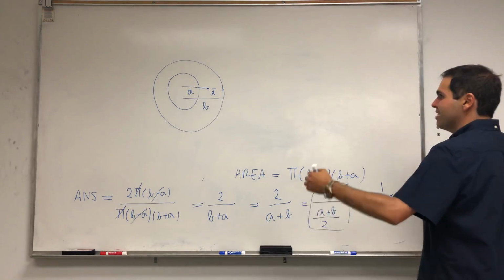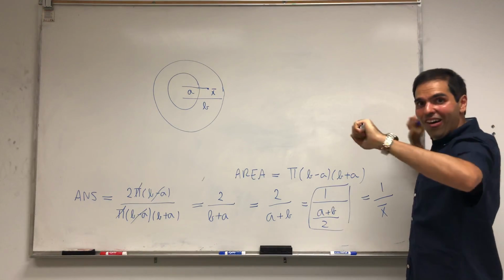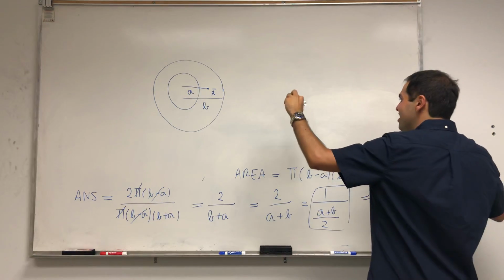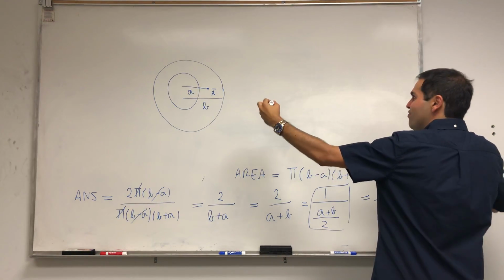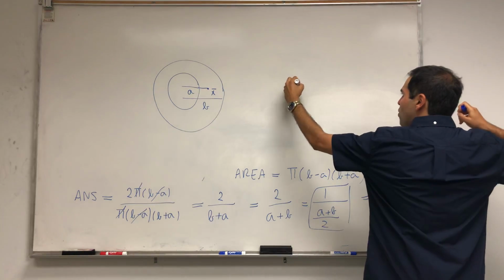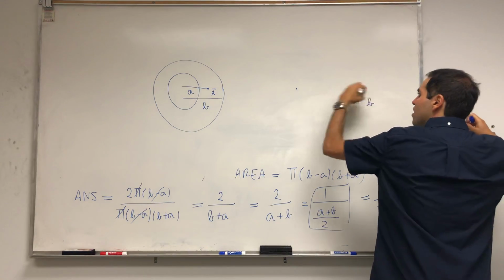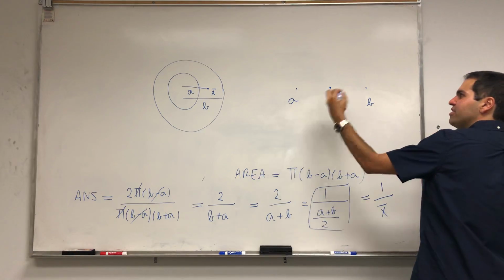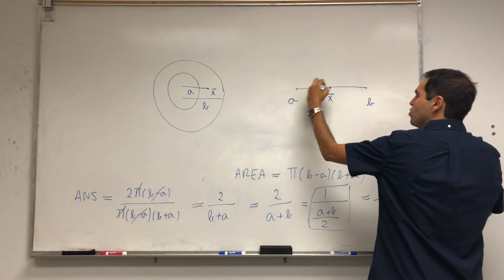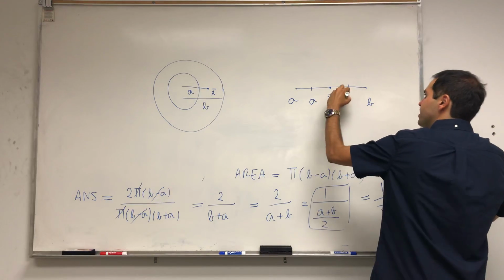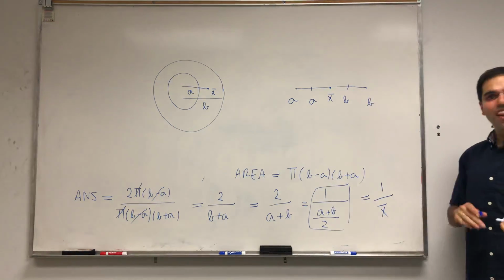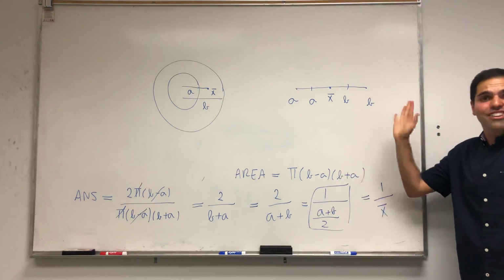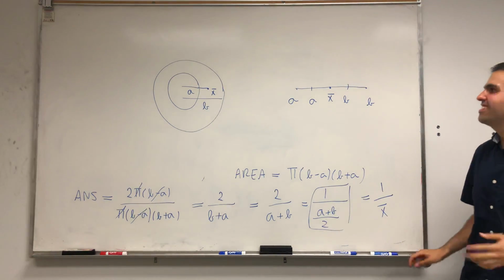So it doesn't really depend on the values of a and b, just on their average, which means that even if a is very close and b is very far, as long as the average is the same, the average value in the end is the same.